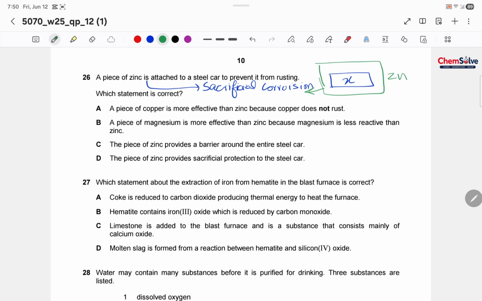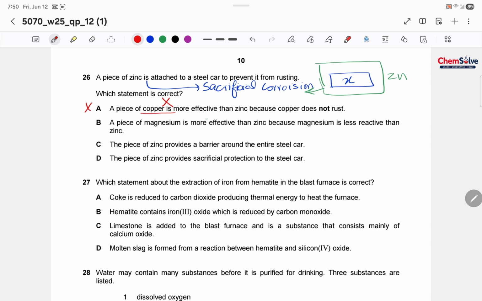Okay, so now look at the statements. A piece of copper is more effective than zinc. No, because copper is less reactive than zinc, so it cannot rust instead of the zinc. So this statement is incorrect.